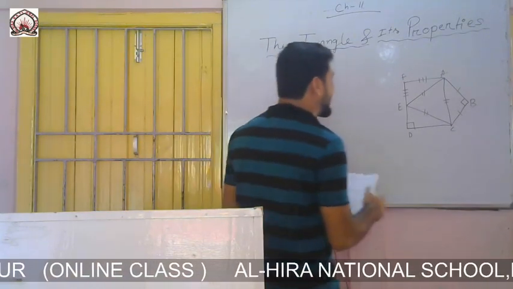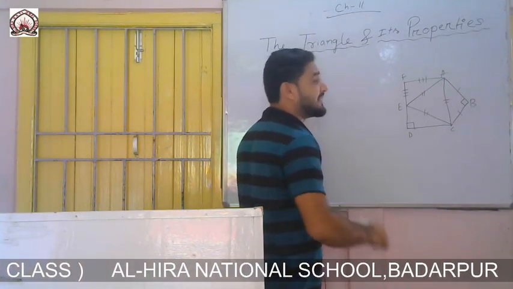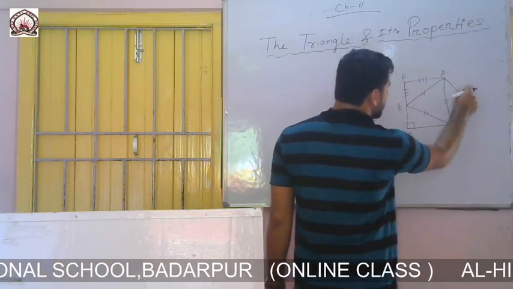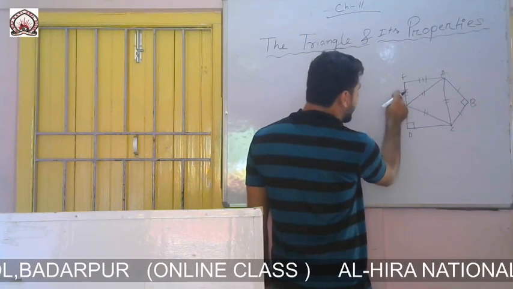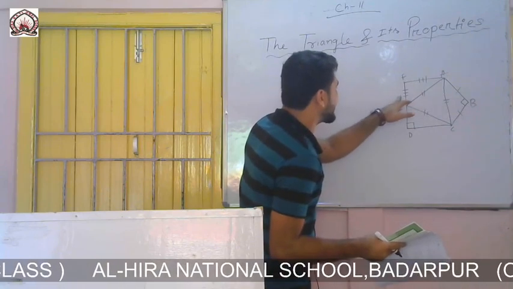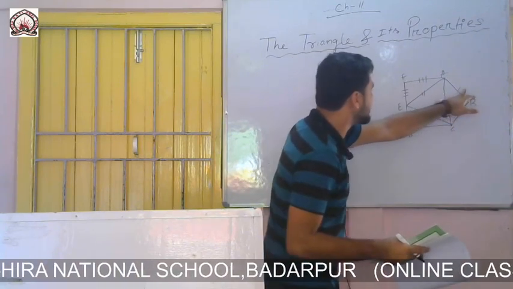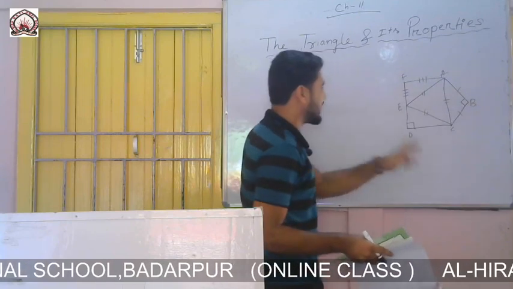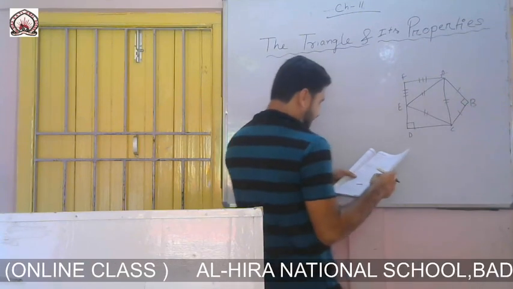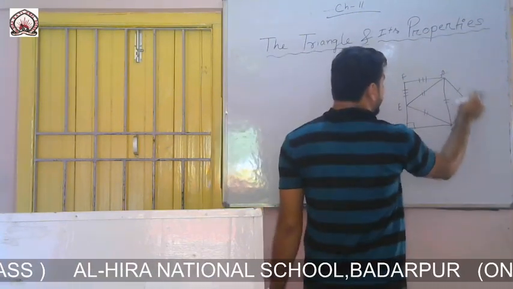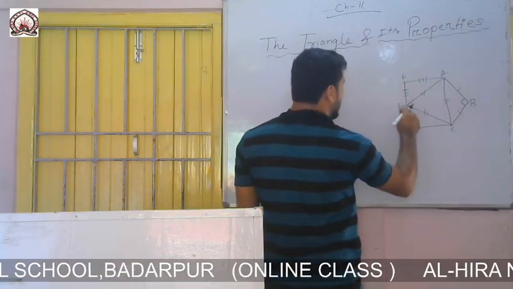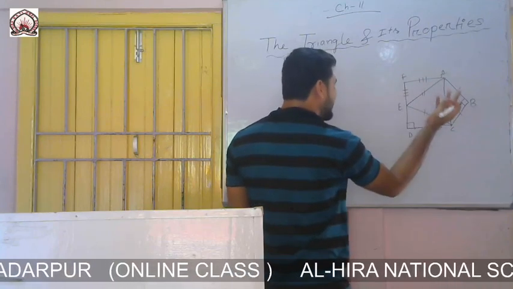As we have learned earlier, the triangle in which two sides are equal is called an isosceles triangle. So from here you can find this side and this side are equal. These three line segments mean that this side and this side are equal, this line and this line means that this side and this side are equal. Okay, so for the first question the isosceles triangle will be ABC, because this side and this side are equal, and another will be triangle EFA or AEF, anything you can write.